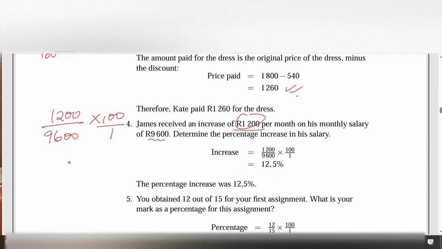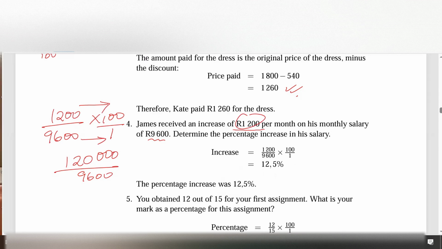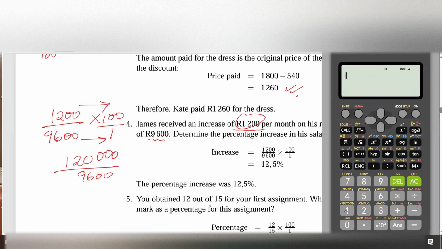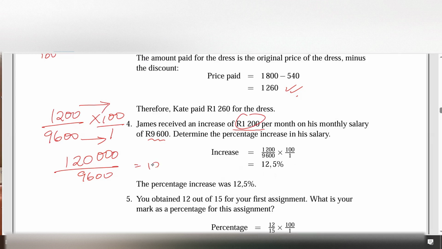So that's going to be 120,000 divided by 9,600, because when you're multiplying, it should be across. Let's use our calculator. We're saying 120,000 over the 9,600. It equals 25 over 2, which is 12.5.